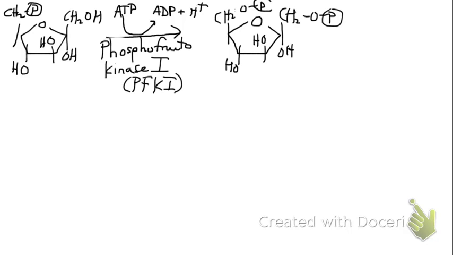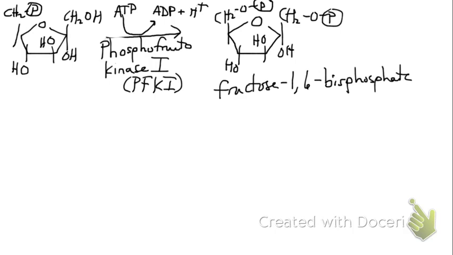So whether you draw the oxygens connected to the phosphate or your shorthand is just connecting to the phosphate, you just know that there's those oxygens there. And this is fructose 1,6-bisphosphate.